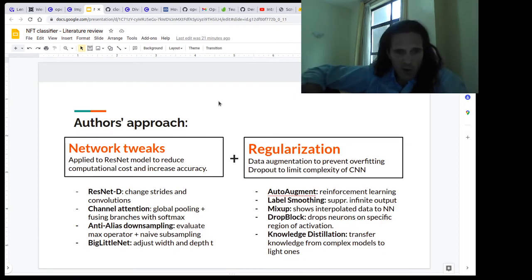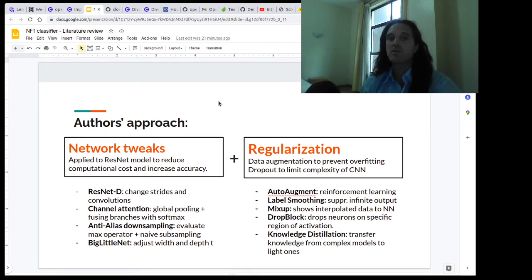Furthermore, the authors have been performing some network tweaks. They applied different tweaks to the ResNet model to reduce computational cost and increase accuracy.